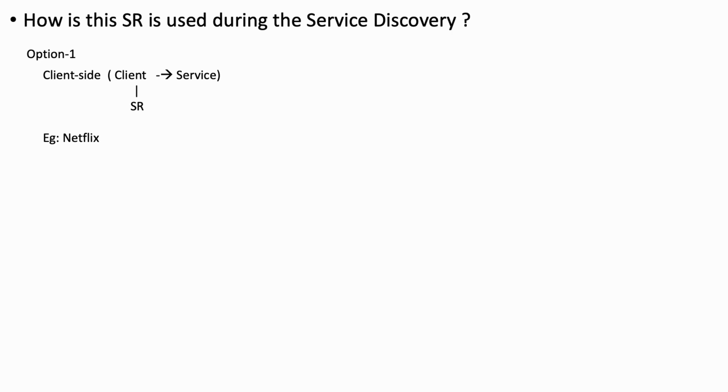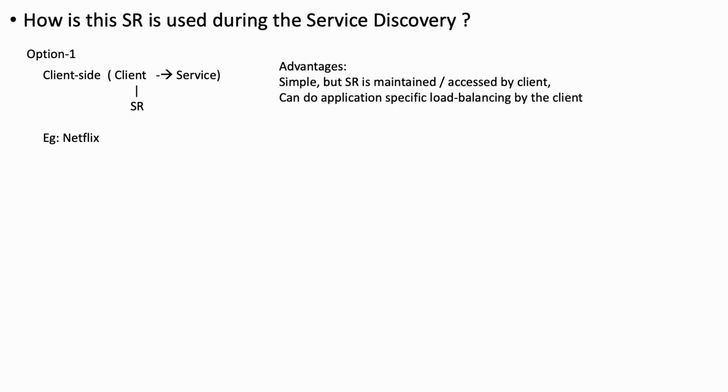So let us see the advantages and disadvantages. The advantage is that it is simple. You directly make a call to the service registry, get the details of the service that you want to talk to, and make the call. And your client is going to maintain the service registry.